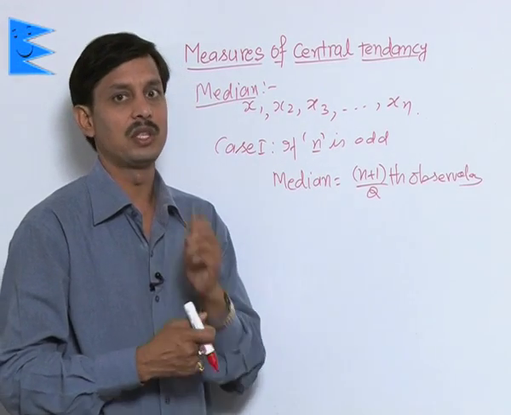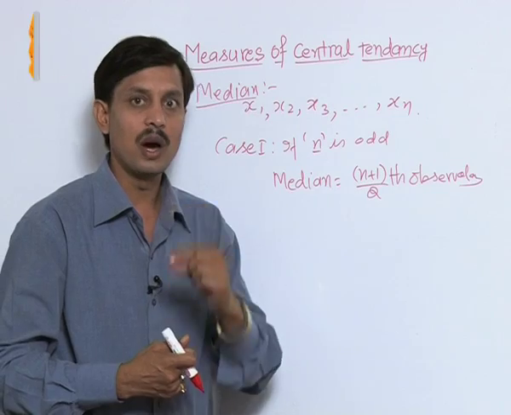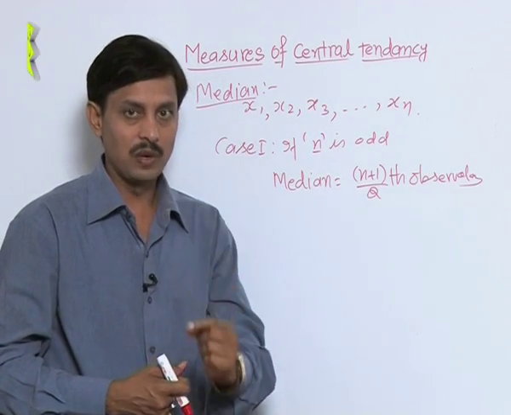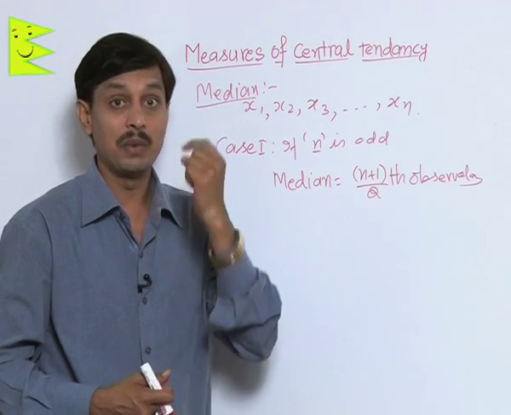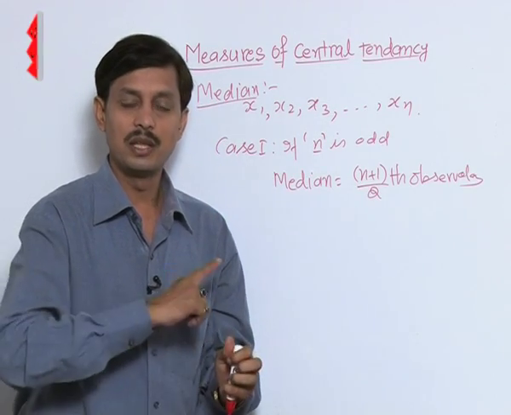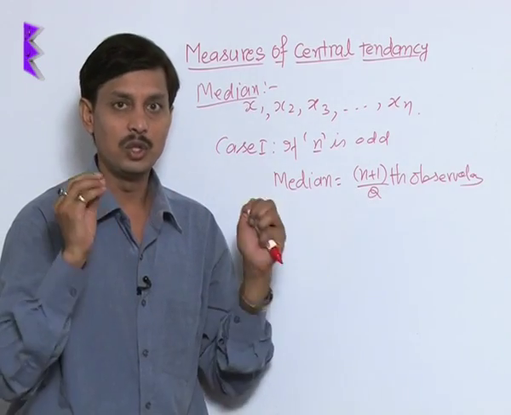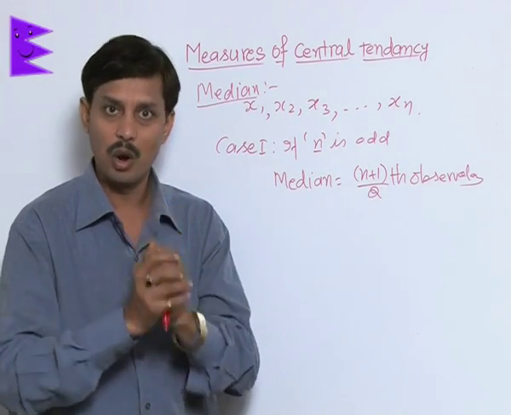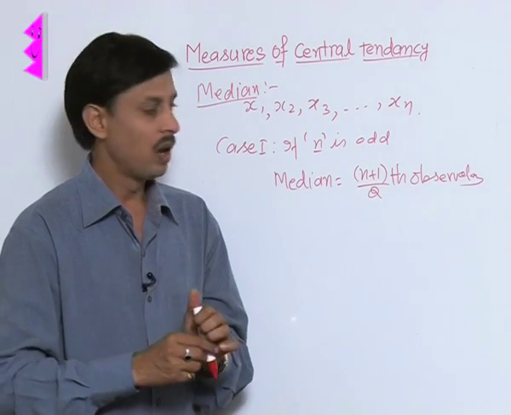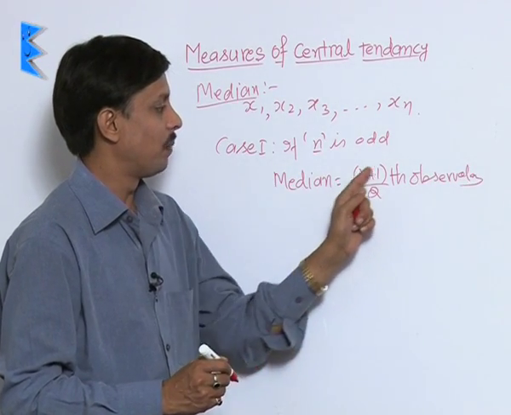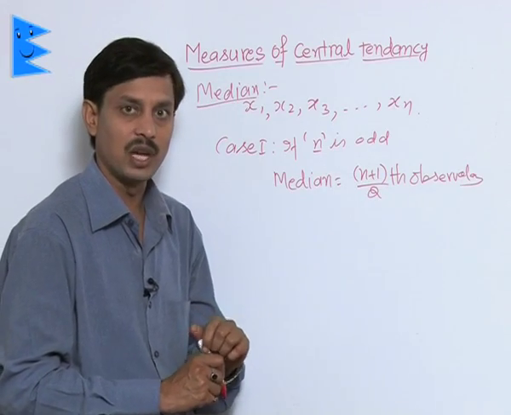A very important step: whenever you are calculating the median, the data must be arranged either in ascending order or in descending order. Otherwise, you will find your answer wrong. So when n is odd, the formula is the (n plus 1) upon 2th observation.